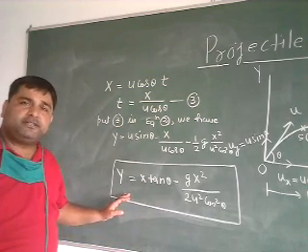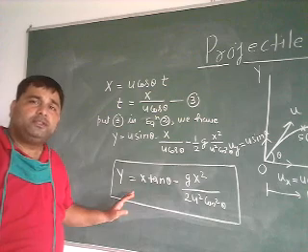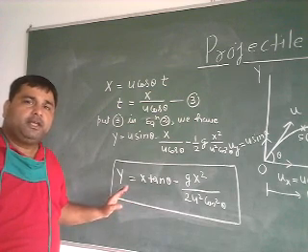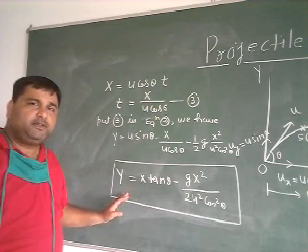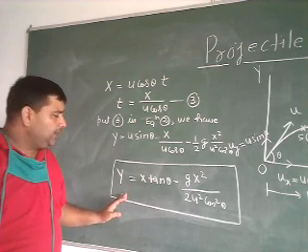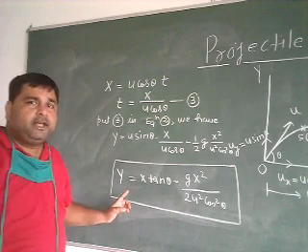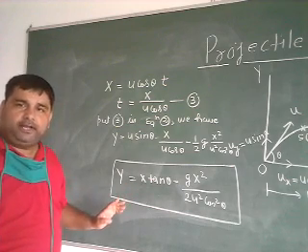This represents a parabola. In mathematics, this is the equation of a parabola. So you can say that the path of the projectile is parabolic.